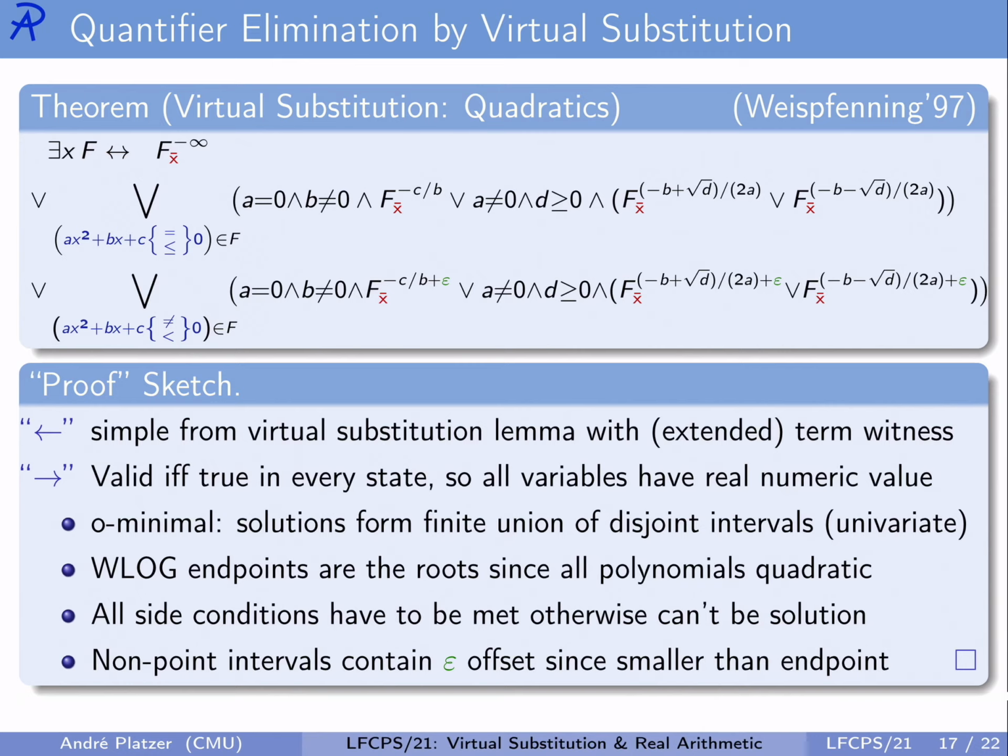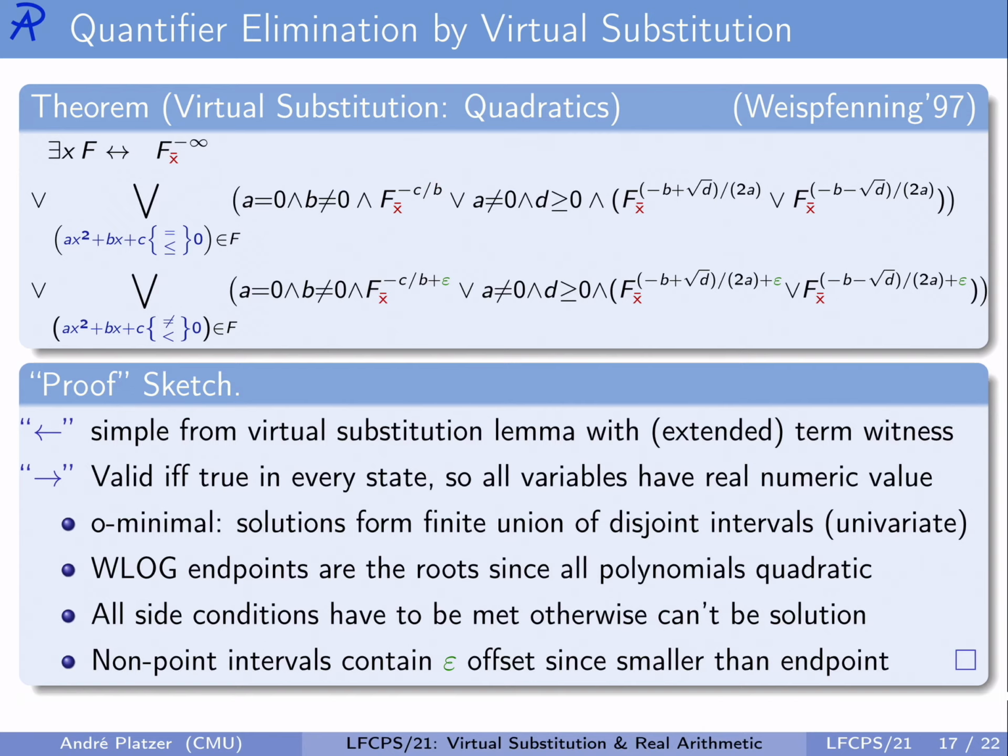And all the side conditions that you have here, for example, the discriminant not being negative, and the polynomial actually being a quadratic polynomial, or the polynomial actually being a linear polynomial, are exactly the ones that have to be met, otherwise there can't be a solution just by properties of mathematics. That's precisely what the discriminant meant.